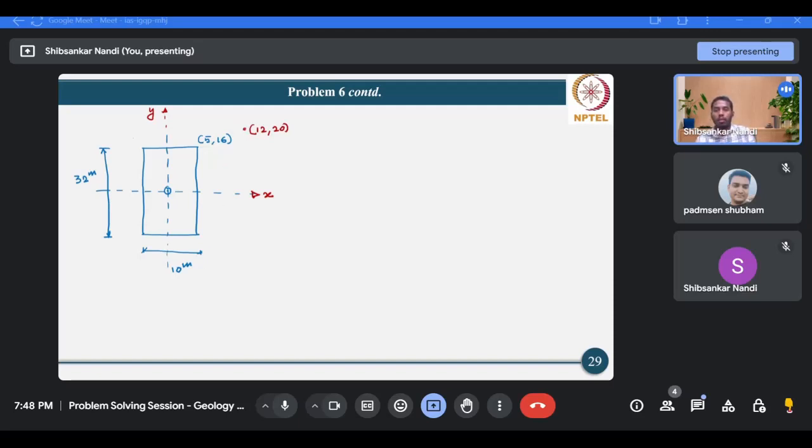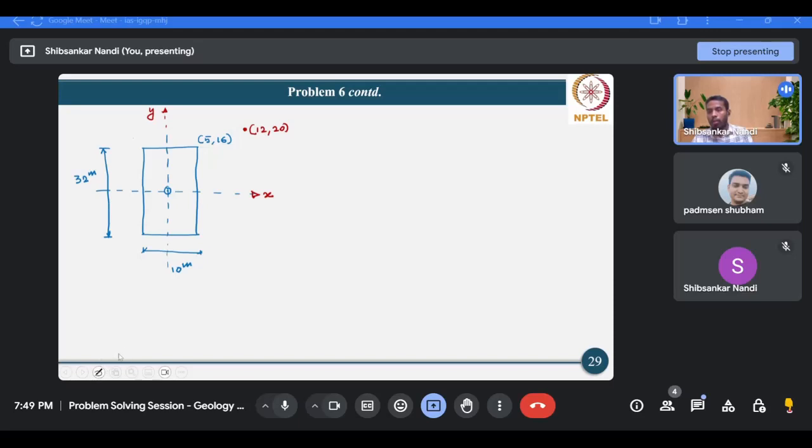Now as you can see, this point doesn't lie below and at a depth of z equals 25 meters. So it doesn't lie below any of these four corners. It lies outside all the four corners.